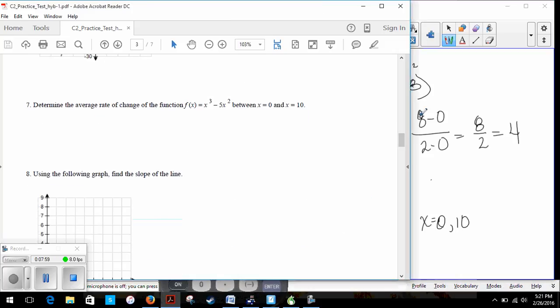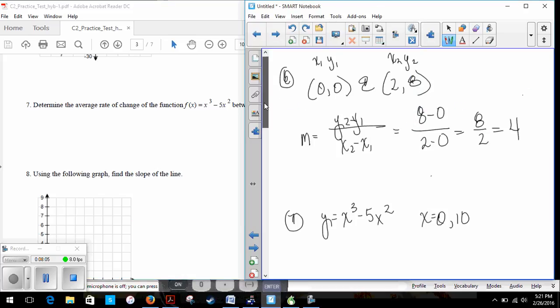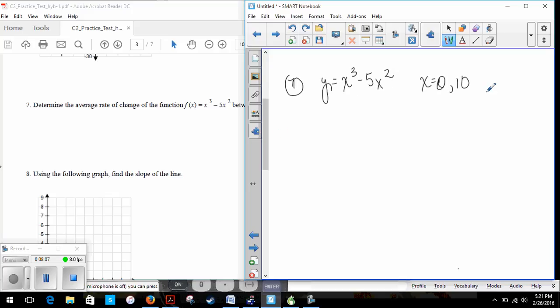Number 7, find the average rate of change for the function between x equals 0 and x equals 10. This time they didn't give us y values, so first we're going to have to plug these values in. When x is 0, this will be a nice one. 0 cubed is 0, 0 squared is 0. When you multiply it by a 5, it stays 0. So when you plug a 0 in, you get out a 0.